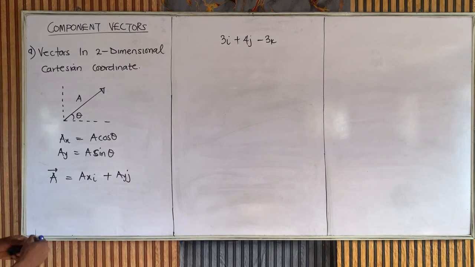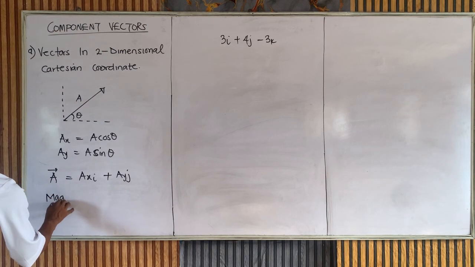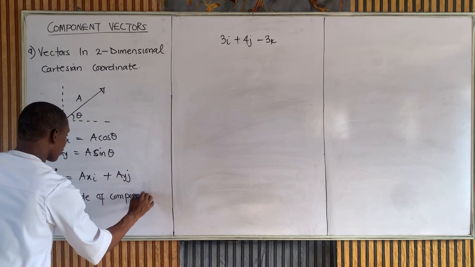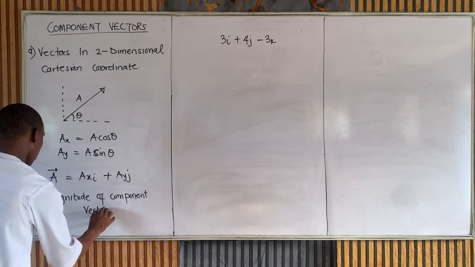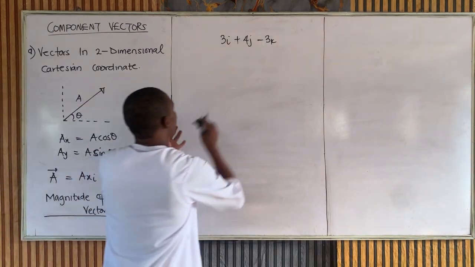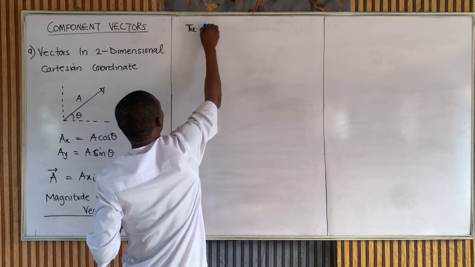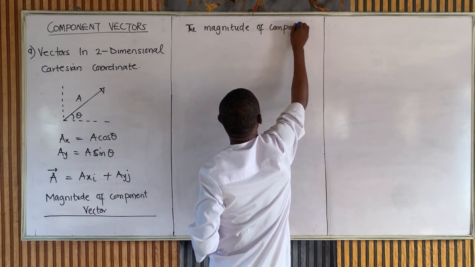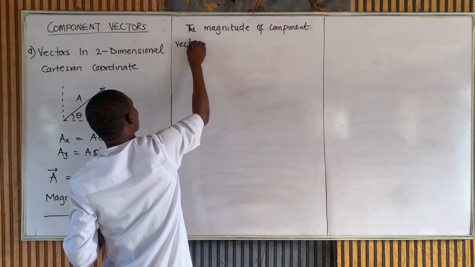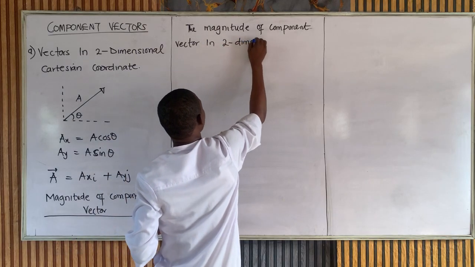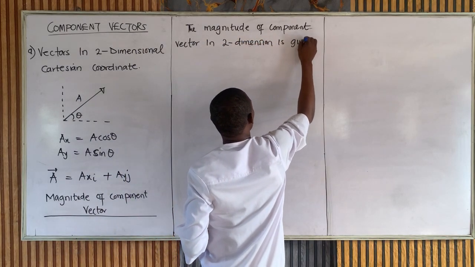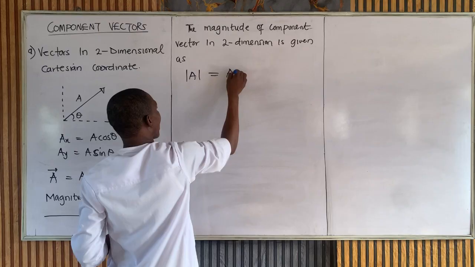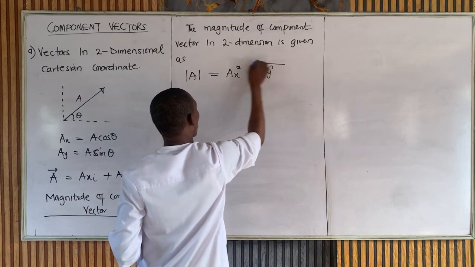One of the things we can talk about here is the magnitude of the vector. The magnitude of a component vector in two dimensions is given as the square root of Ax squared plus Ay squared.